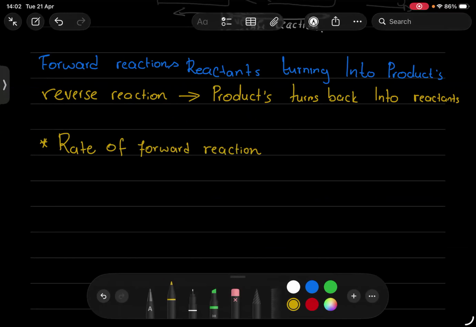So if the time it takes for the reactants to turn into products is equal to the time it takes for the products to turn back into the reactants. For example, if we have H2 plus O2 equals H2O, right? And if I were to balance the equation, I'll just put 2 here and 2 there.